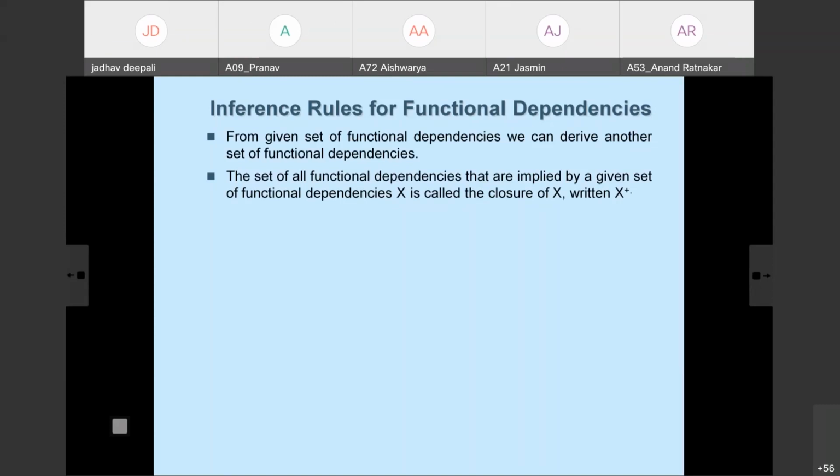It is written as X superscript plus, indicating the functional dependencies that are implied by the given set of functional dependencies.